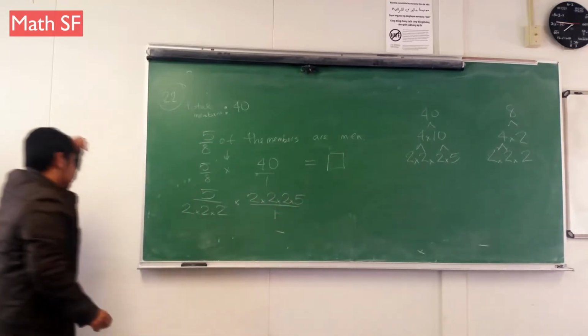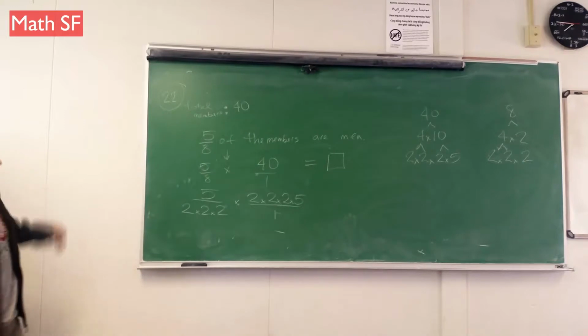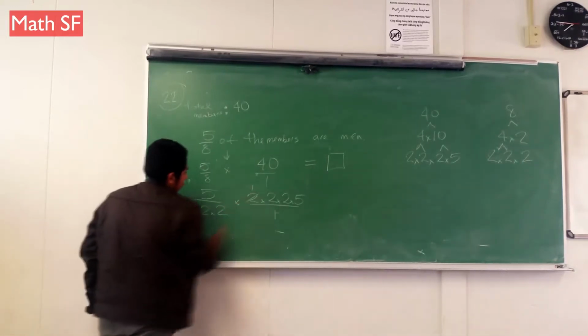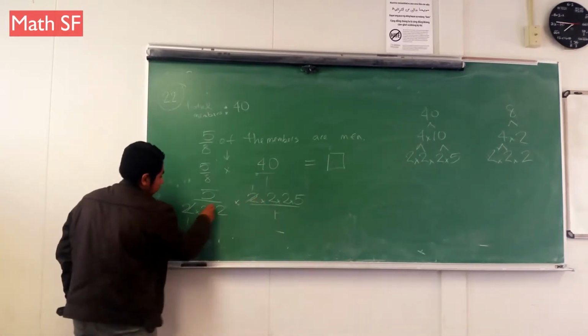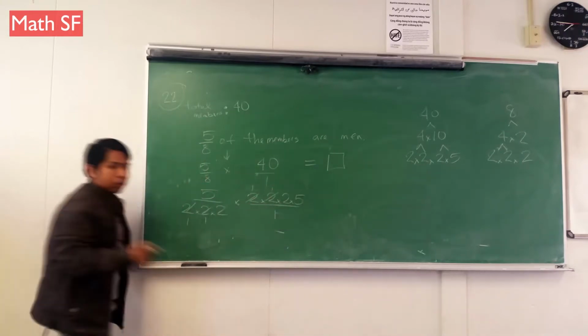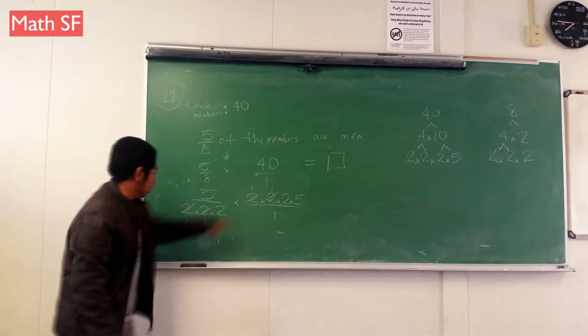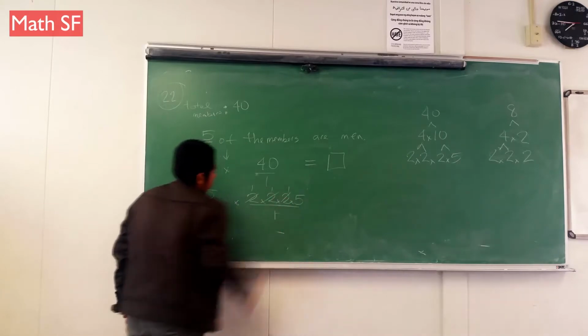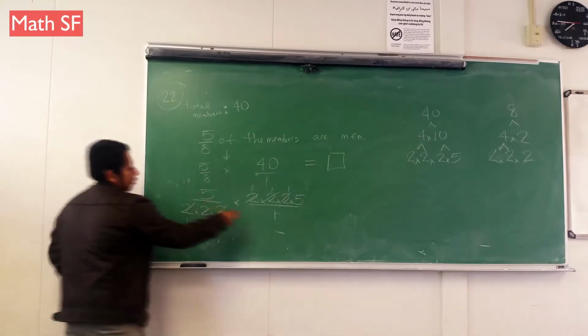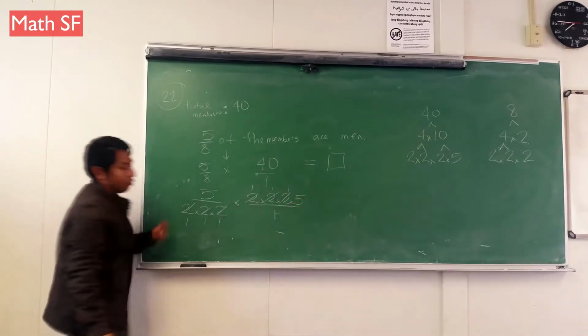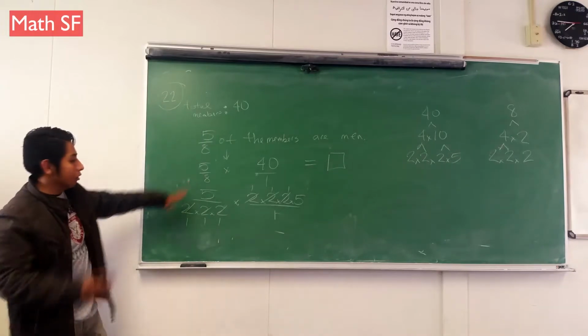Now let's see what we can cancel out here. A pair of 2s here. Another one here. Yes. Excellent. And what else? Here, correct? Yes. Can I cancel these 5s? No, because they are both in the numerator. It has to be one in the numerator and one in the denominator.